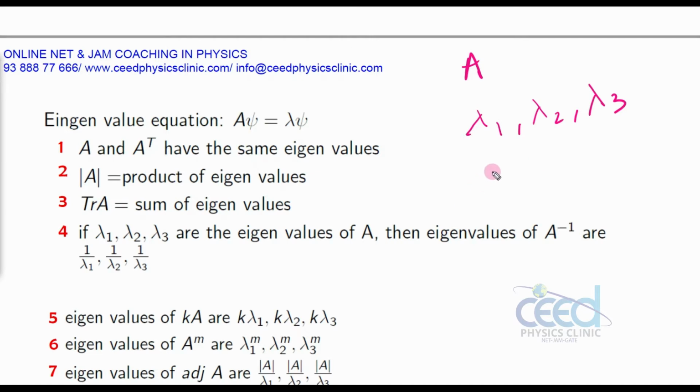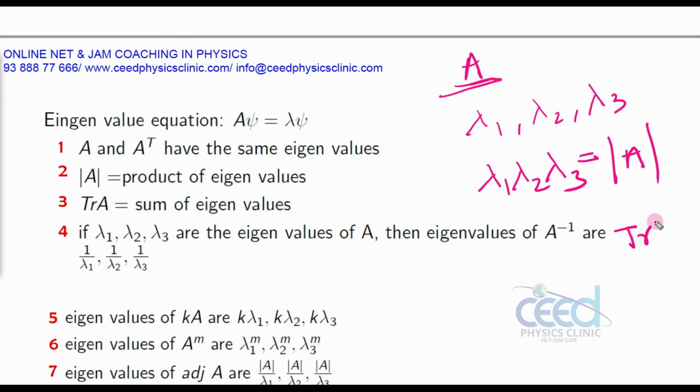Then the product of these eigenvalues lambda 1, lambda 2, lambda 3 is equal to the determinant of this matrix. Another property: the trace is the sum of diagonal elements, and the trace of matrix A is equal to the sum of the eigenvalues.